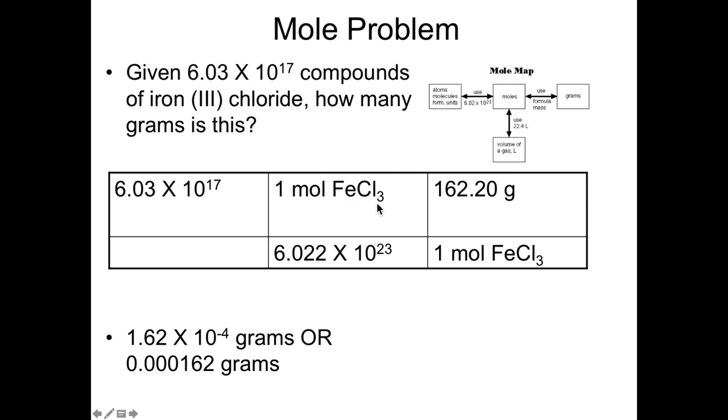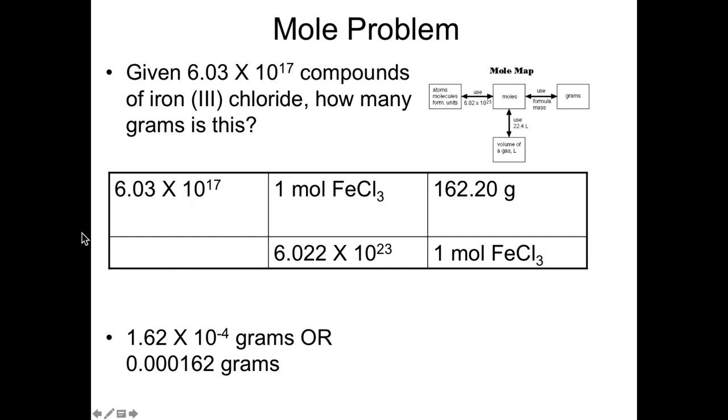Then what's going to happen is I need the molar mass because that's what I want. I want grams. The only way to get grams is molar mass. If you add 1 iron and 3 chlorines from the periodic table, that's going to give you 162.20. And then again, the way this works in the calculator, anything on top gets multiplied together. Anything on bottom, you're going to divide. So there's 2 ways to punch this in.